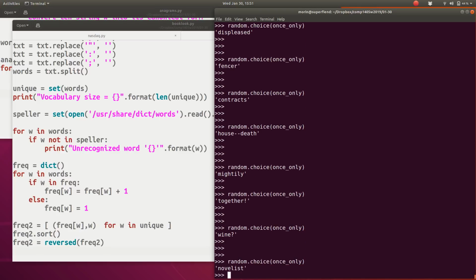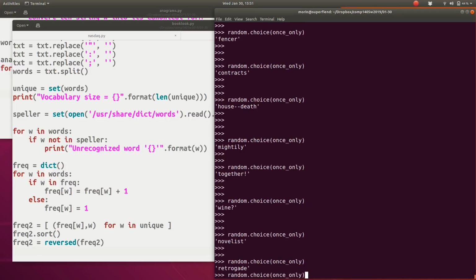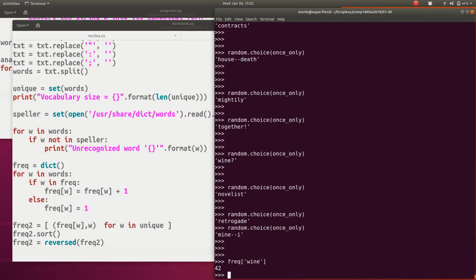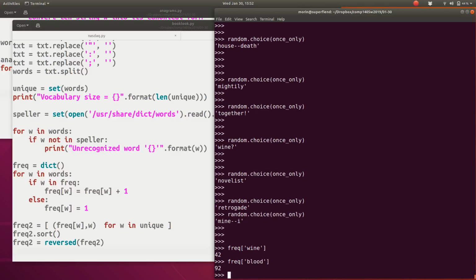Wine with a question mark. Novelist. Retrograde. Mine. Okay. That makes me curious how often wine occurs. 42 times. How did that compare to blood? So about half as much wine as blood in this novel.